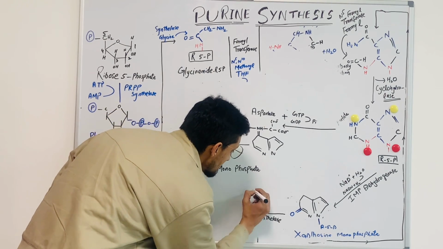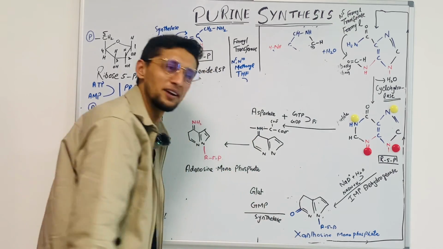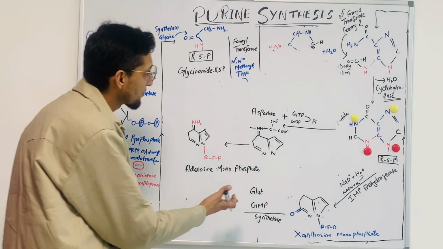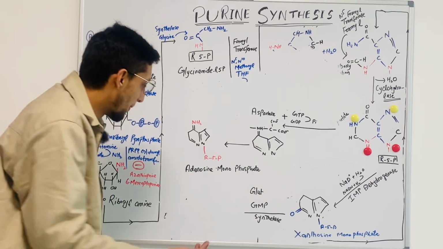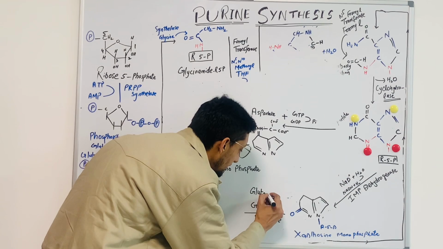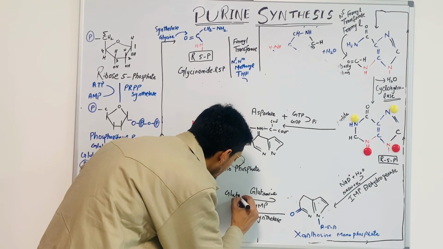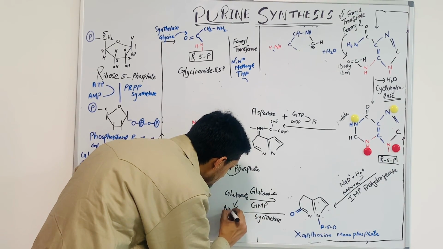It will convert glutamine. You can see glutamine is very important, giving us 2 nitrogens here, and in case of GMP, guanosine monophosphate, giving another amine portion. Glutamine is giving us glutamate, and as a result we get what? Amine portion out of it.